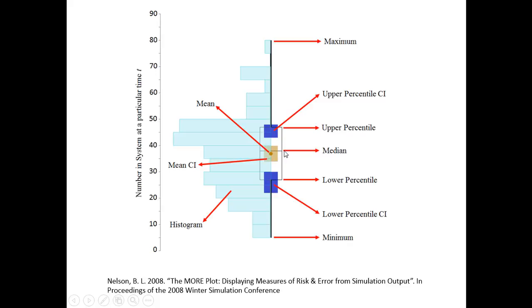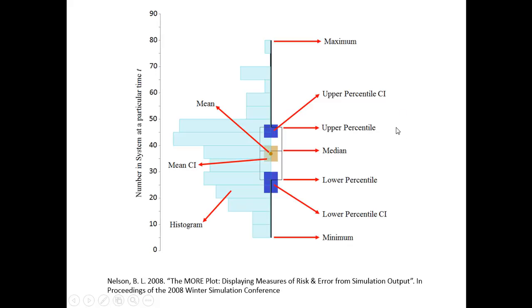You can also see the median, upper percentile, and lower percentile for the number in system over these 100 replications. And the blue boxes that you see around the percentiles are essentially the confidence intervals for the upper and lower percentiles. In this particular MORE plot, I'm using the 25th and 75th percentiles to generate this plot.